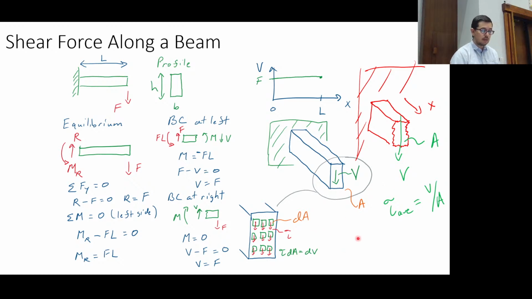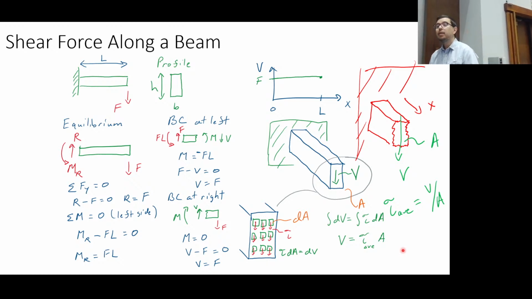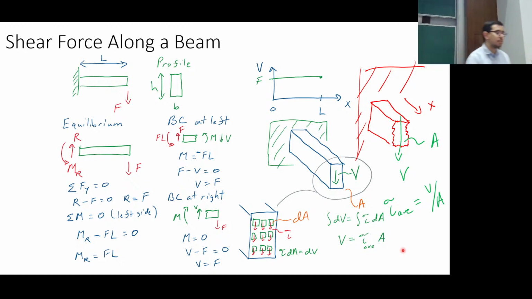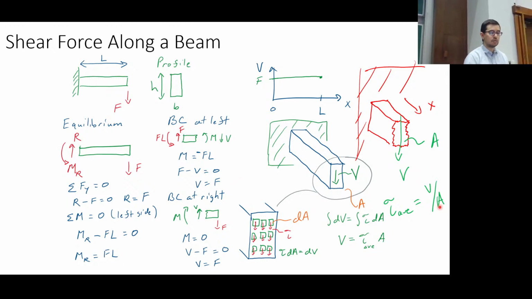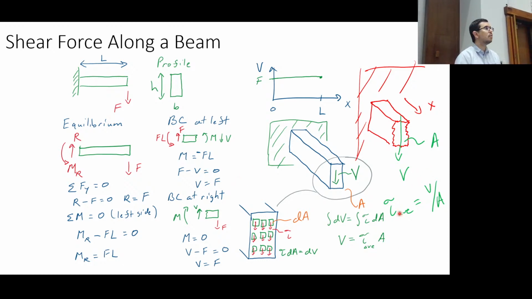And so if I integrate this all up, I can write that V is equal to tau average times A. Just the same thing with a little bit more detail than what I just drew here. Any questions on this?